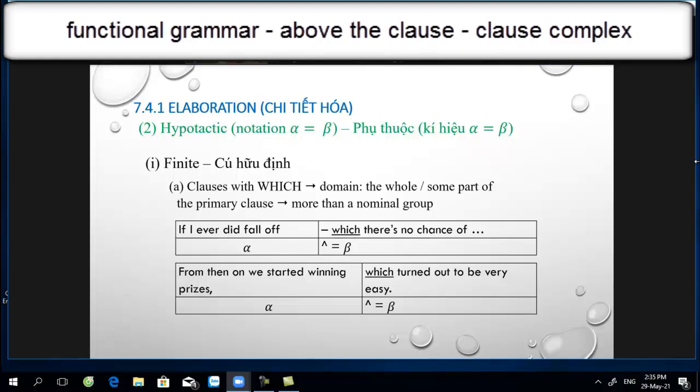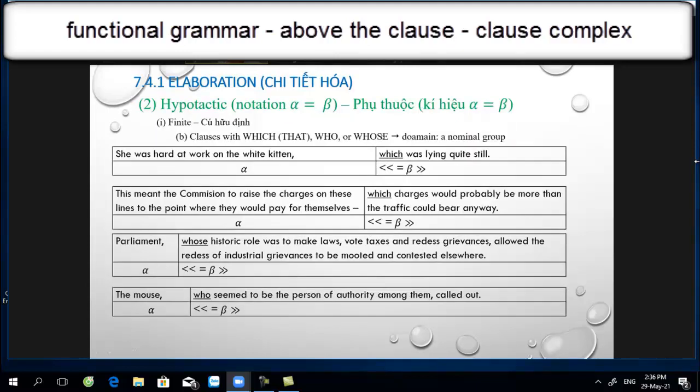So which modifies turned out, I think the first clause. The whole first clause? No, we started winning prizes. Yes, we started winning prizes. I think so too. And now we move to the next one, the finite.